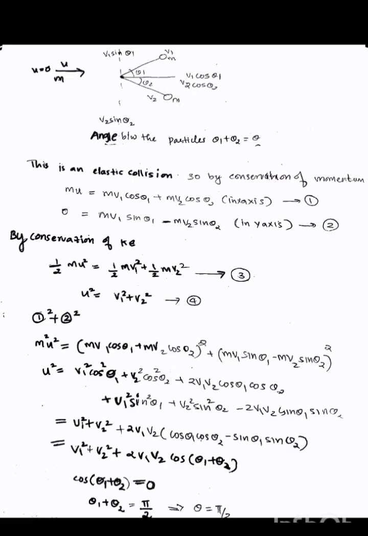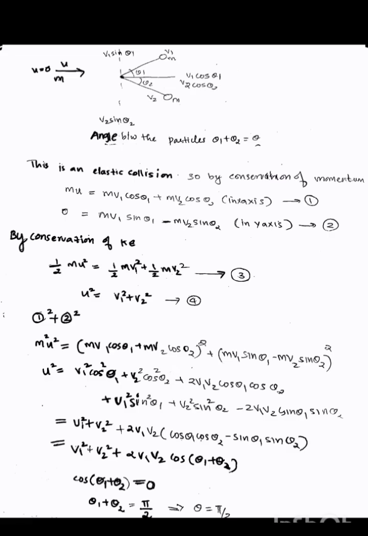Squaring equation number 1 and 2 and adding, we get m square u square, which is equal to m v1 cos theta 1 plus m v2 cos theta 2 the whole square plus m v1 sin theta 1 minus m v2 sin theta 2 the whole square.